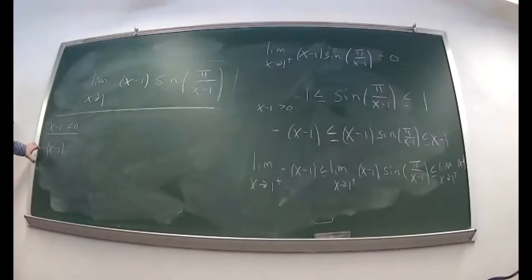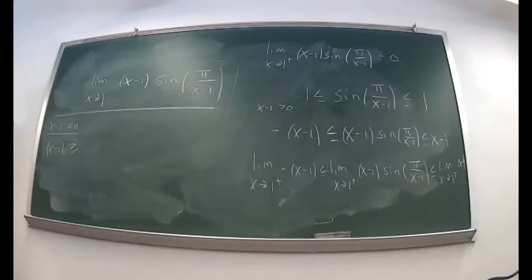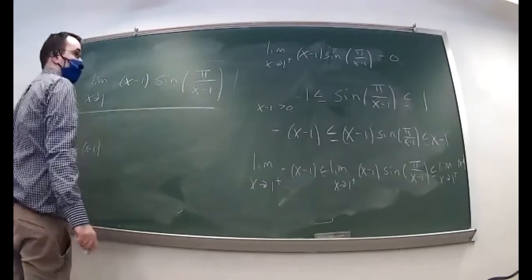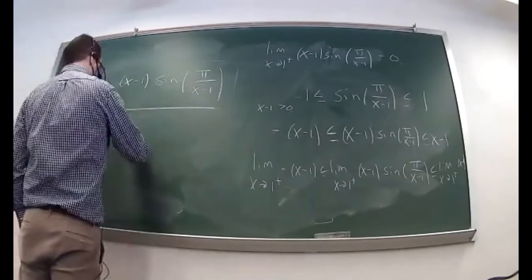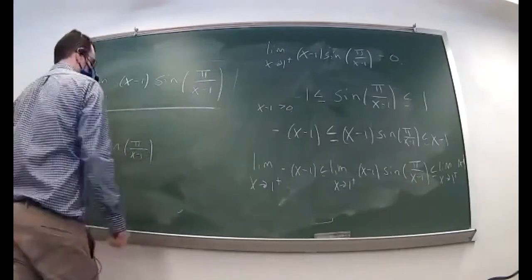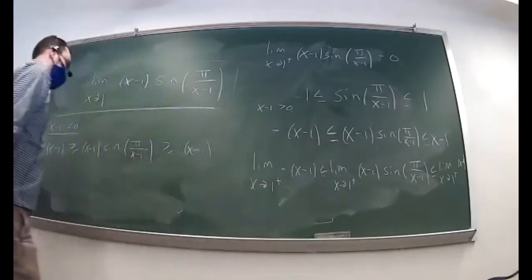It's the same thing as before, but now this is negative because x is less than 1. And so the inequality will flip. So this will be bigger than or equal to x minus 1 times sine of pi over x minus 1, which will be bigger than or equal to x minus 1.